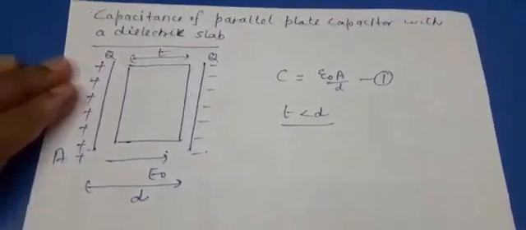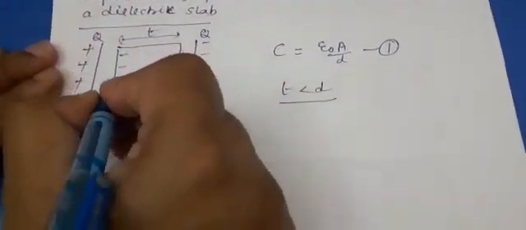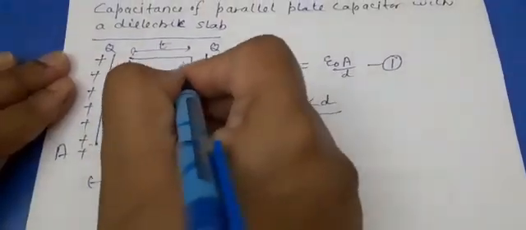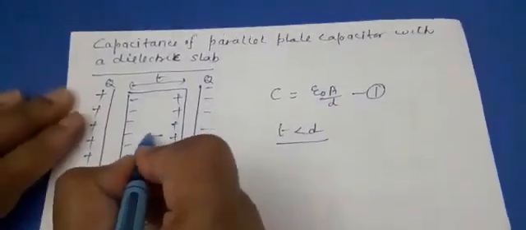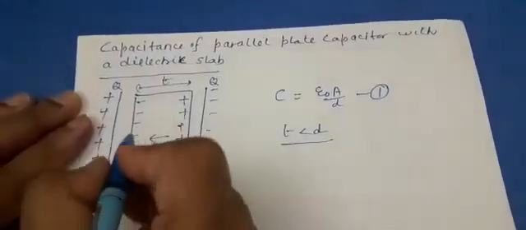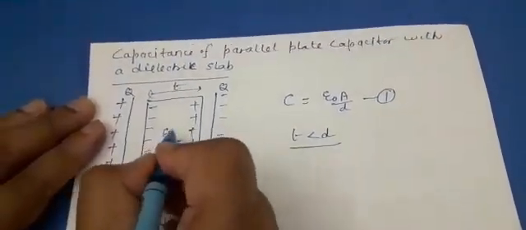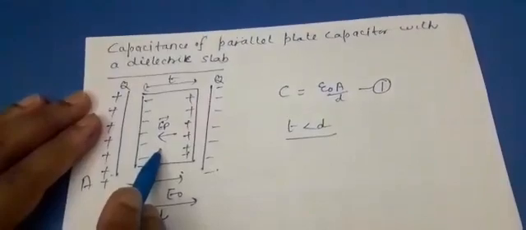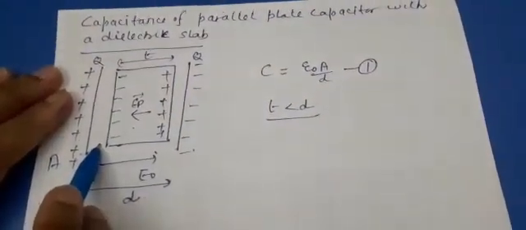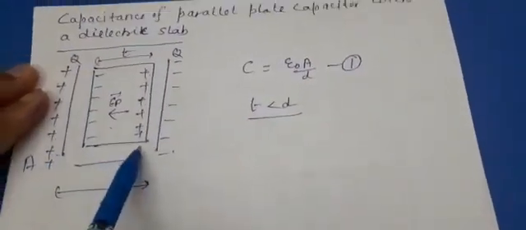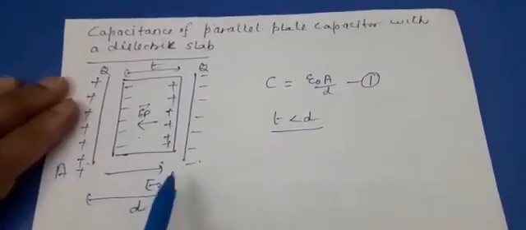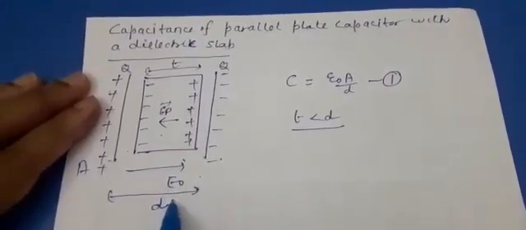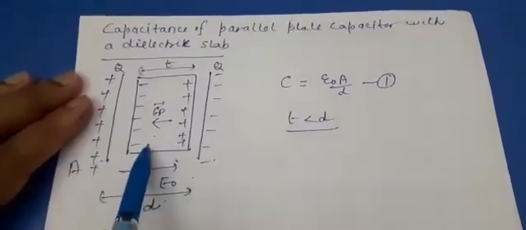So what will happen? Polarization will take place, and the slab will acquire negative charge on one side and positive charge on the other. Corresponding to it, there will be an induced or polarized electric field in a direction opposite to the applied electric field. So the electric field inside the dielectric will be less, by the amount that it will be E naught minus EP.